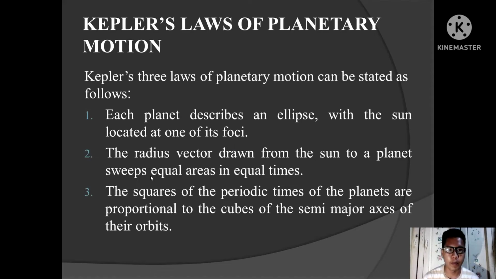From Kepler's first law of planetary motion, as we all know, an ellipse is like a circle which has been squashed in one direction. According to Kepler's analysis, every planet has an orbit with the sun not at the center of the orbit.